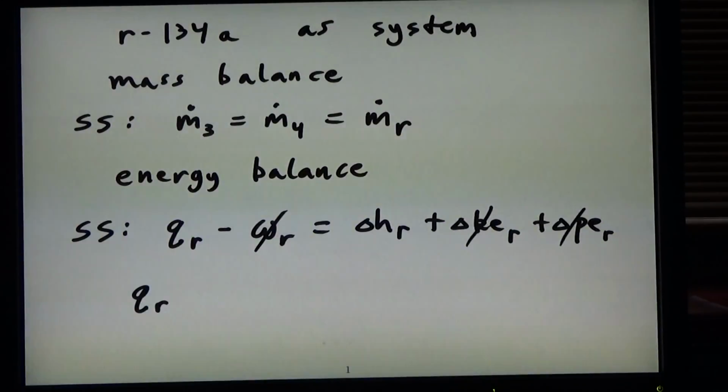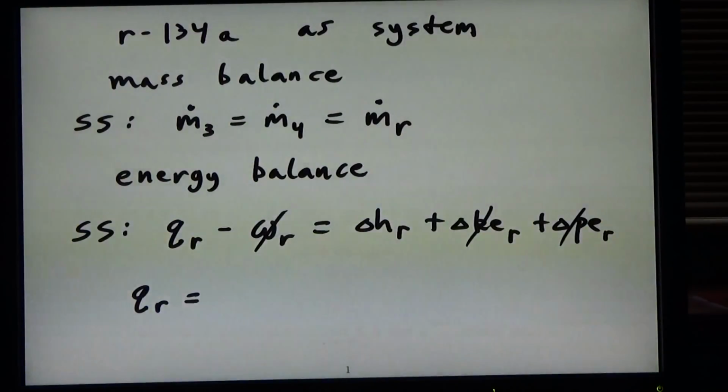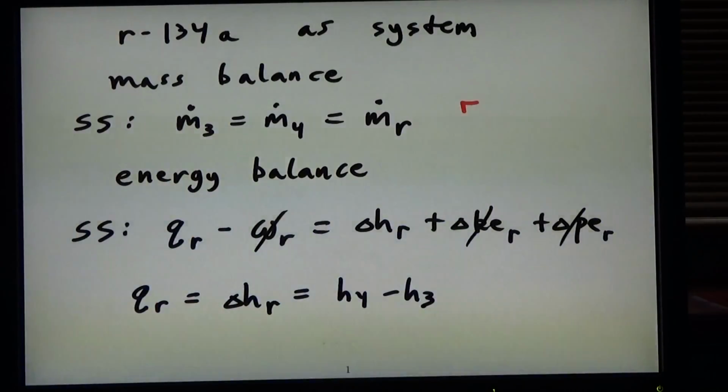So we can write that the heat transfer to the refrigerant, this number should be negative because the refrigerant is what's hot, is equal to delta H of the refrigerant, H4 minus H3. So now we have our 6 equations, and we can start putting some of this information back together.